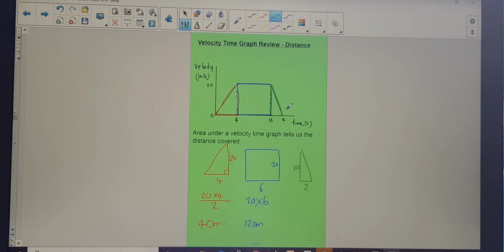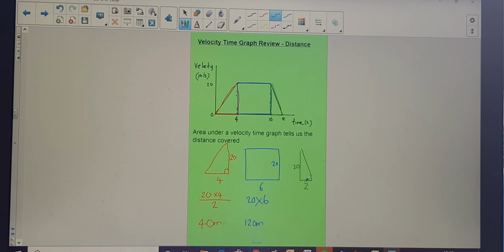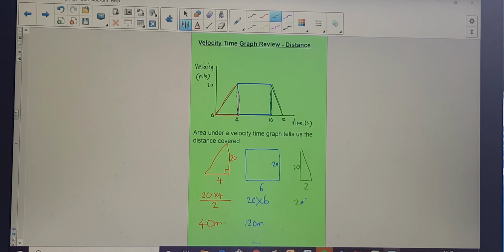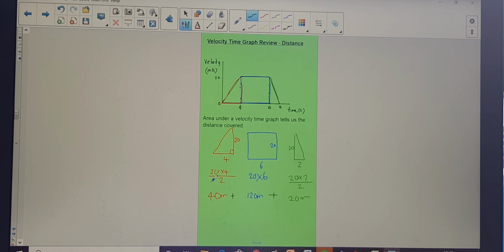And then my final bit is going to be 20 times 2, base times height, or height times base, divided by 2, is going to give me 20 meters. Therefore, in total, all I need to do is just add all those things together. 40 add 20 is 60, plus 120 should be 180 meters in total.